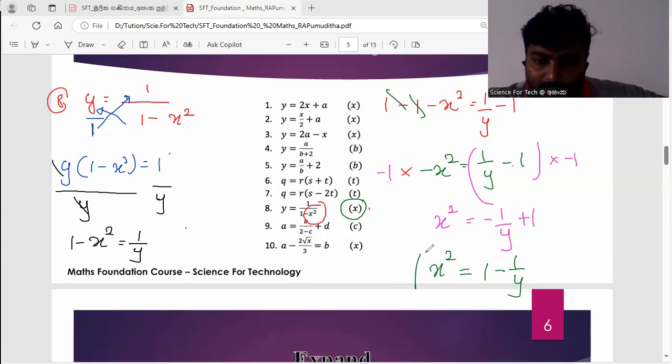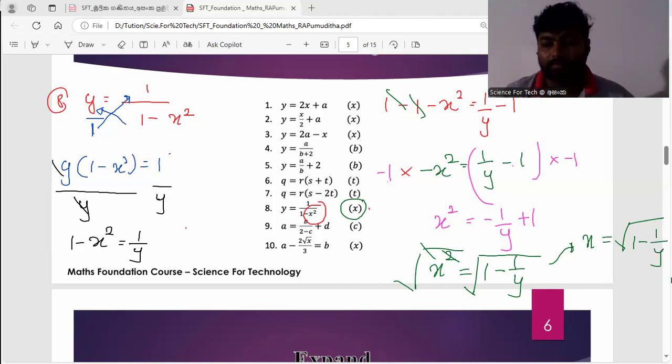To remove this x squared, I'm going to add a square root here. Then what happened? This and this get cancelled, and our answer is x equals square root of 1 minus 1 divided by y. This is the answer.